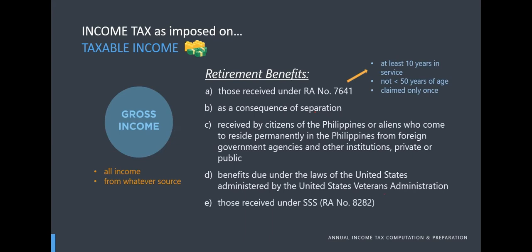So this is the pension under Republic Act number 8282. Those received under GSIS under Republic Act number 8291. So these are the exempt retirement benefits.